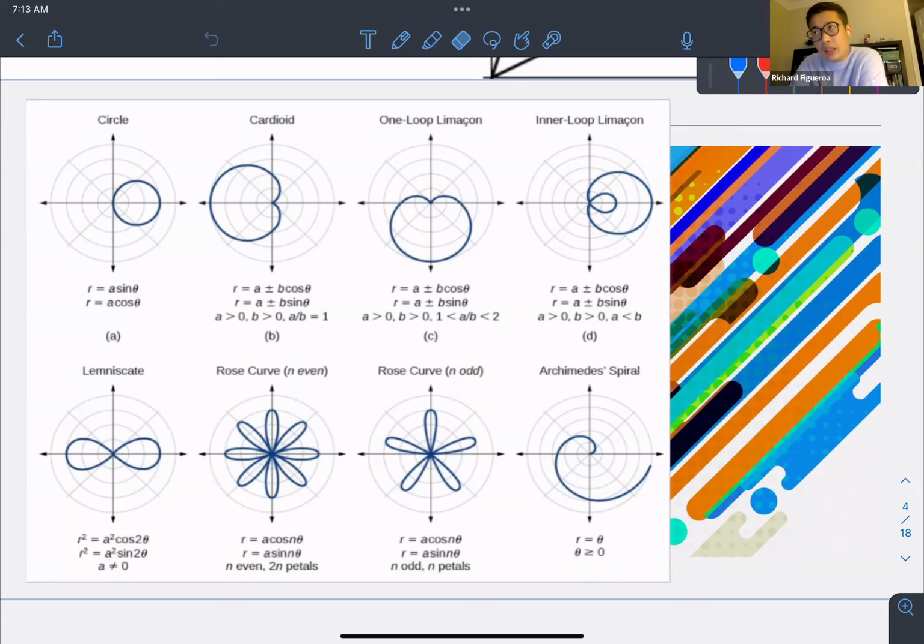Let's say it is cosine 2 theta, so there are 4 petals. If it is odd, the n will determine the number of petals. Let's say we have cosine 3 theta. That means there are 3 petals. And Archimedes spiral, we're not going to use that one.